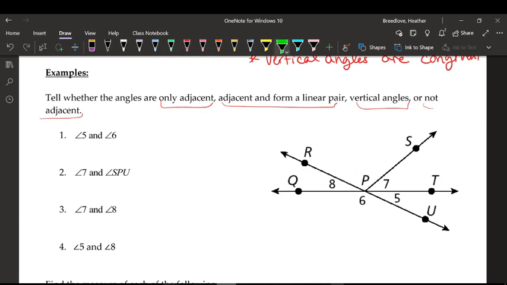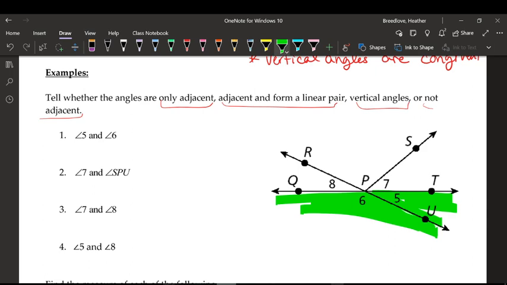So angle 5 and angle 6. Here's angle 5, and here's angle 6. So, how would you describe them? Are they only adjacent? Are they adjacent and form a linear pair? Are they vertical angles, or are they not adjacent? Are they vertical?